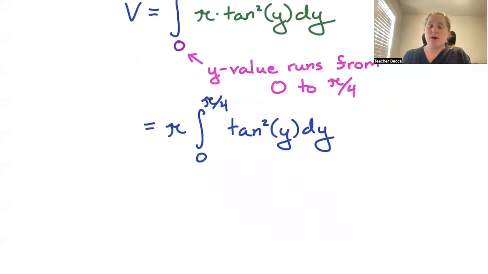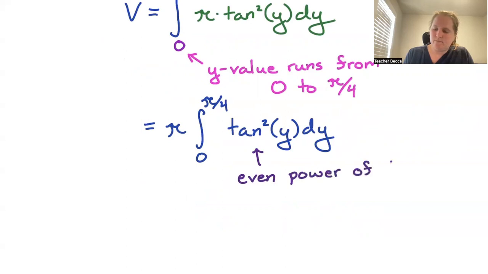We have an even power of tangent. So this was when we peeled off a tan squared and replace it with secant squared minus 1.